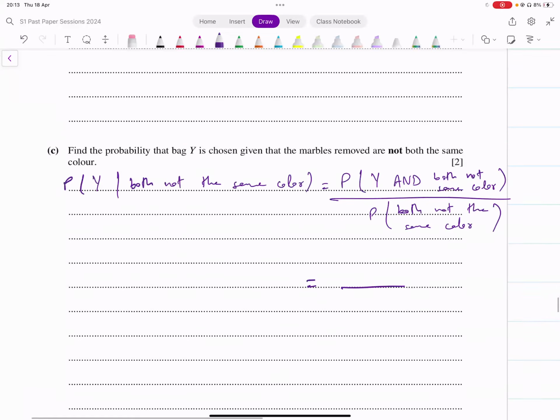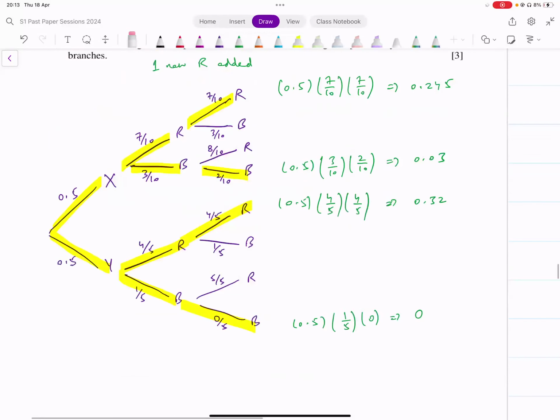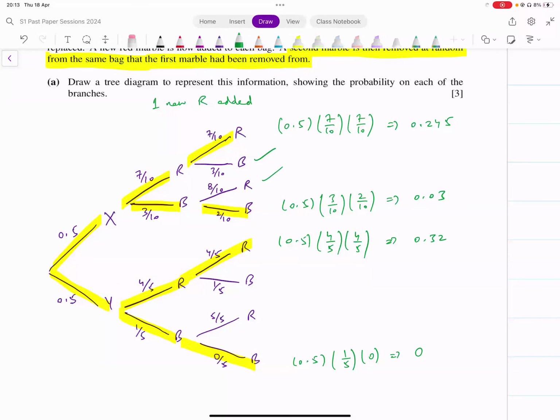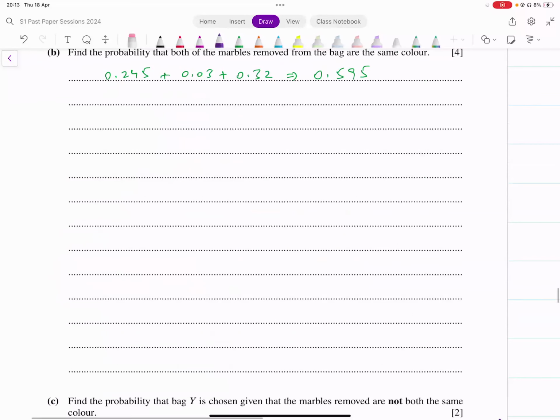We have found the probability of both being the same color. That's 0.595. So what's the probability of both not being the same color? We just subtract this from 1, right? So the denominator is pretty straightforward to calculate, or you could do it directly as well. You could find this case, this case, this case, and this case, and add all of those 4 probabilities. And that will give you the same as what you would get by subtracting this number from 1.